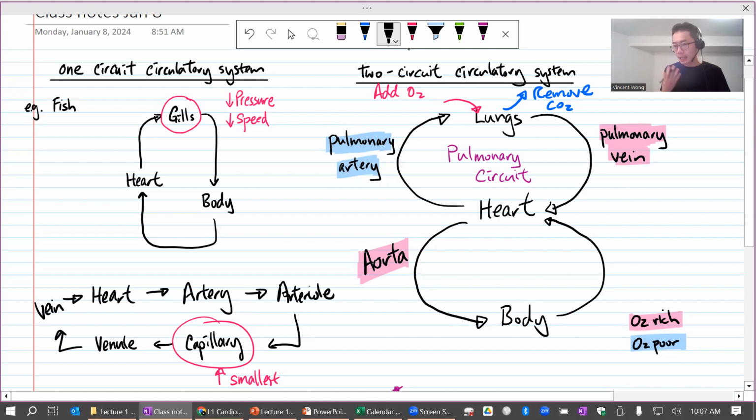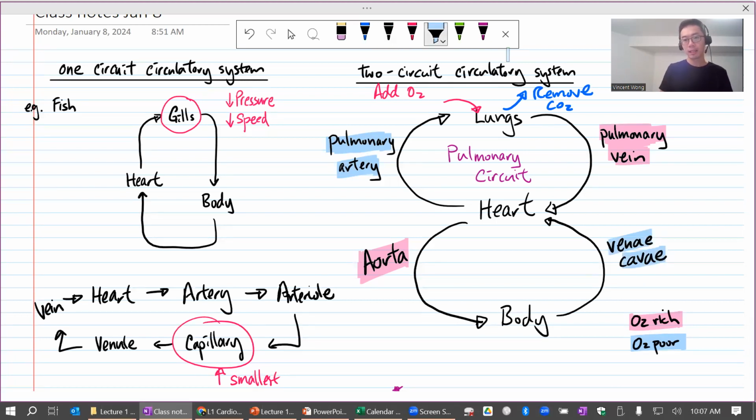After it goes to the body, after we use the oxygen for our organs, we can return it to the heart. And that's where you have the vena cava, right? Superior and inferior. And then it goes back to the heart. This would be the systemic circuit.